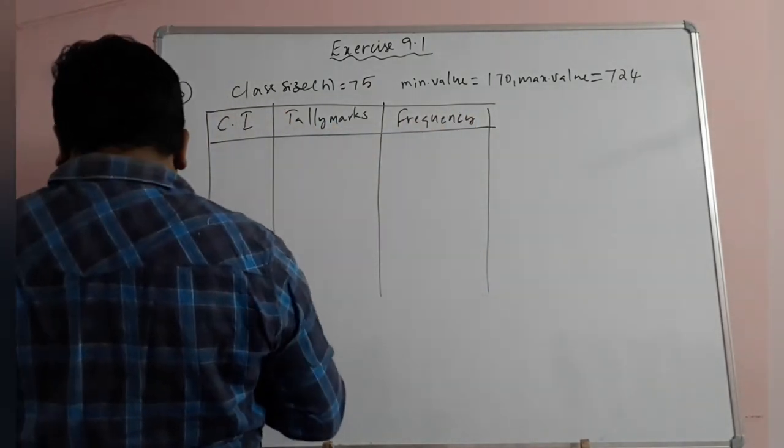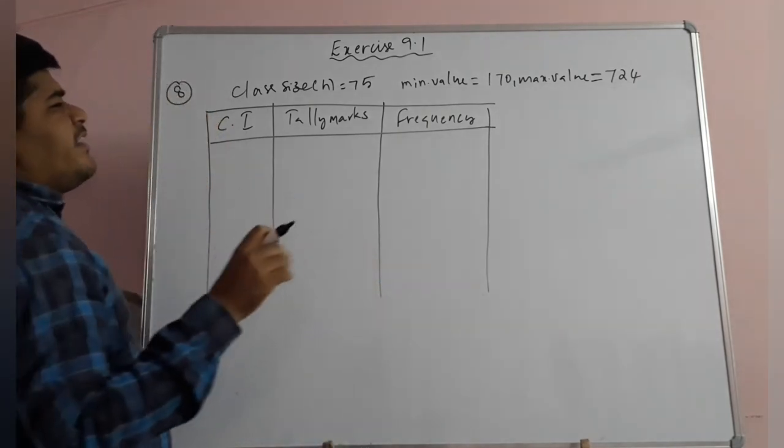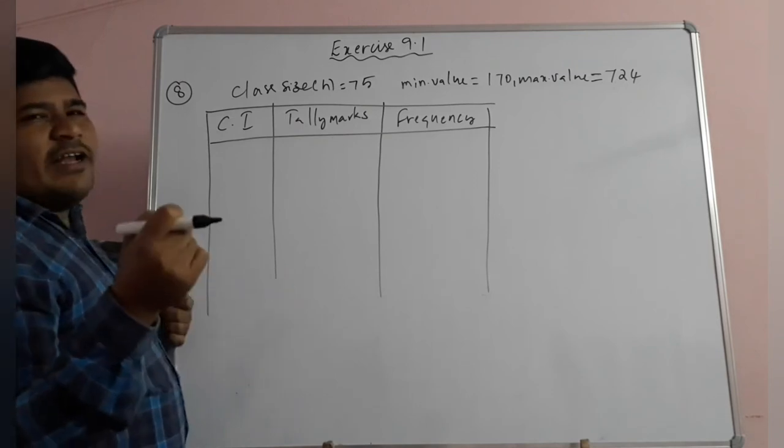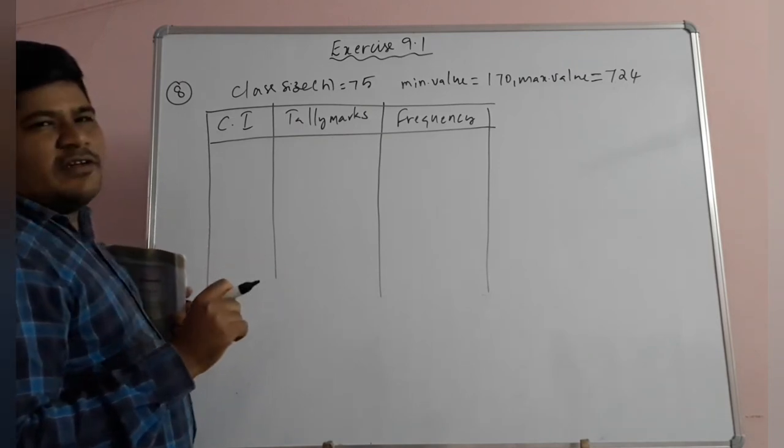So children, here the minimum is 170 and they are asking us to take 75 as the class size. So children, I am taking 150 as the lower limit of the first class interval.